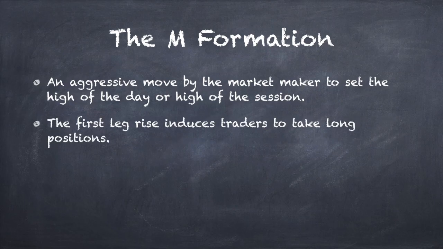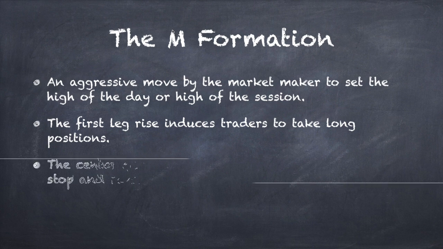Now, let's break this down. The first leg rise, what does that do? It induces traders to take long positions. So if we're having an M formation, the first leg right here goes up, and it induces traders to take long positions. Now, what happens?